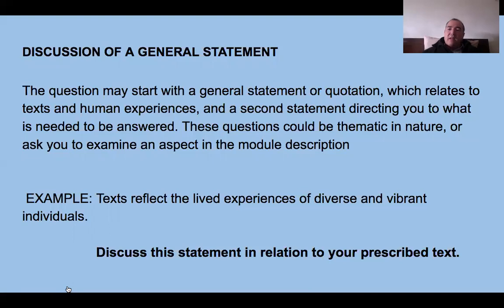It could be thematic in nature or ask you to examine an aspect in the module description. For example, texts reflect the lived experiences of diverse and vibrant individuals. Discuss this statement in relation to your prescribed text.